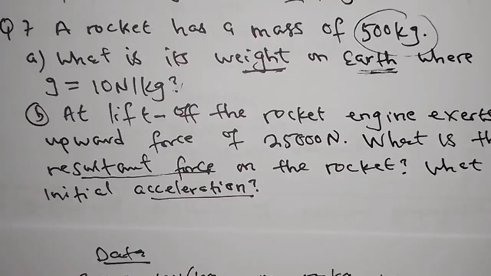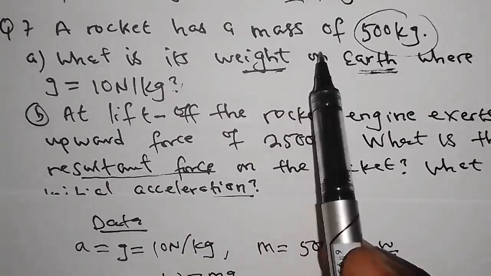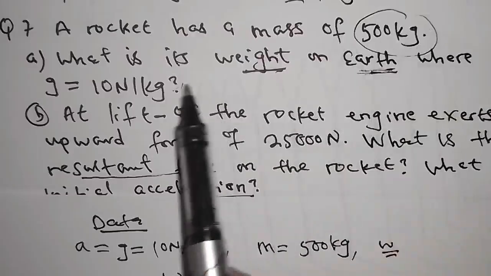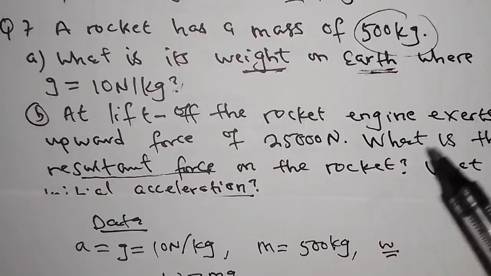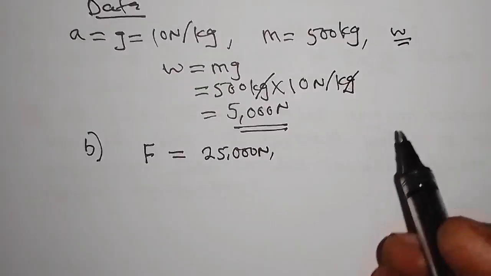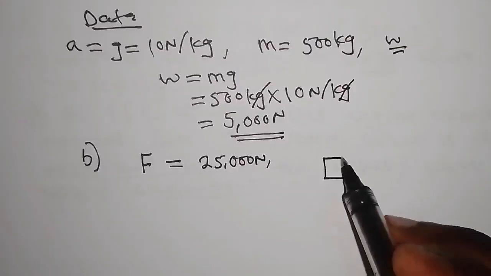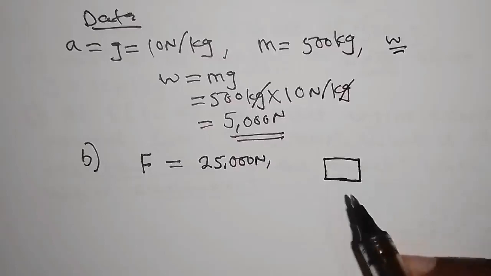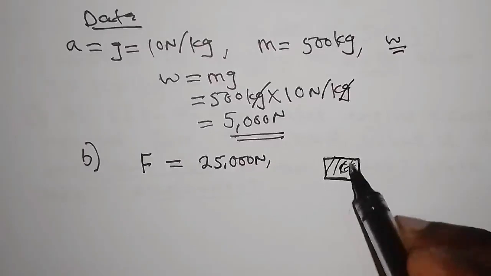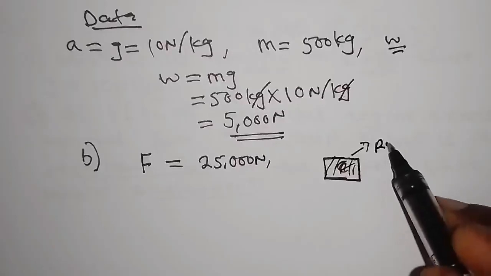Now what you need to understand is that a rocket has a mass of this. What is its weight? So there is the weight. Let's assume this is a rocket.